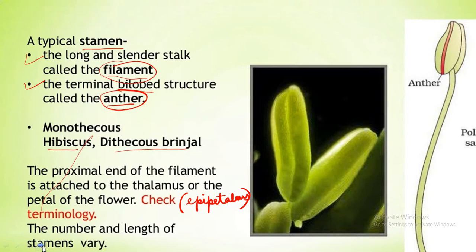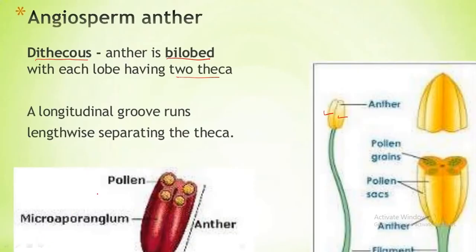I hope you have understood what monothecous and dithecous are. If in the bilobed structure each lobe has two theca, it is called dithecous, and if each lobe has only one theca, it is called monothecous. Both these lobes are separated by a longitudinal groove which runs lengthwise.